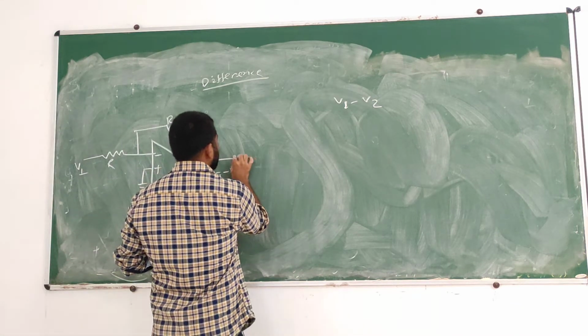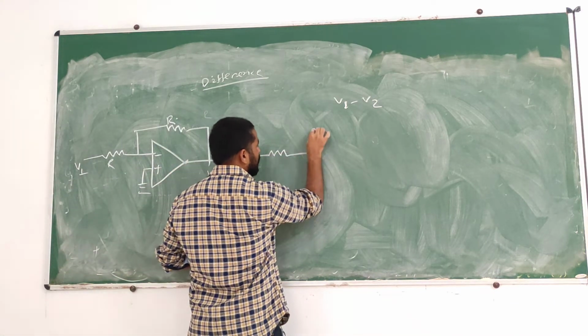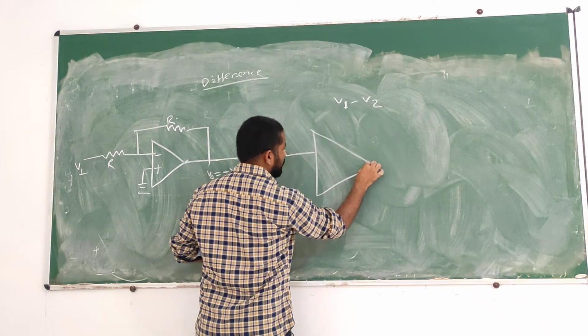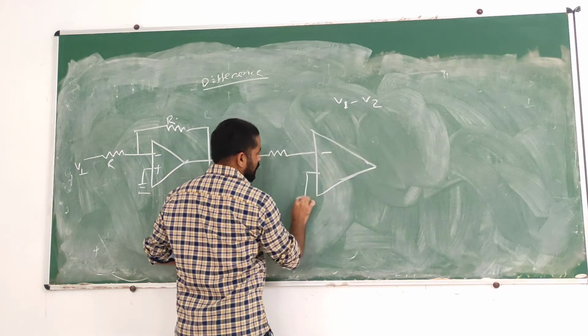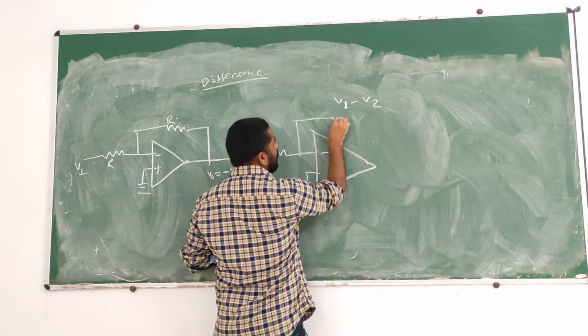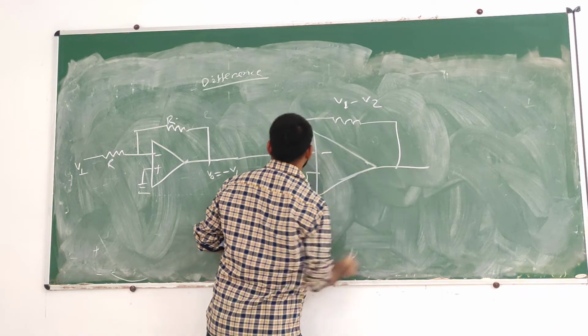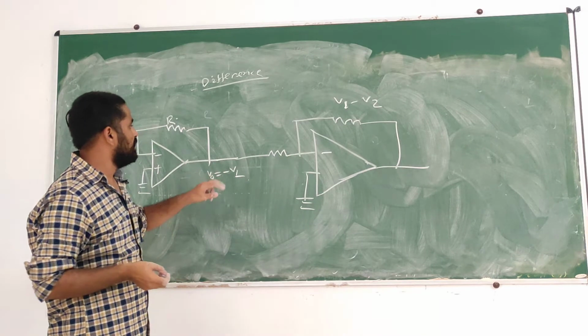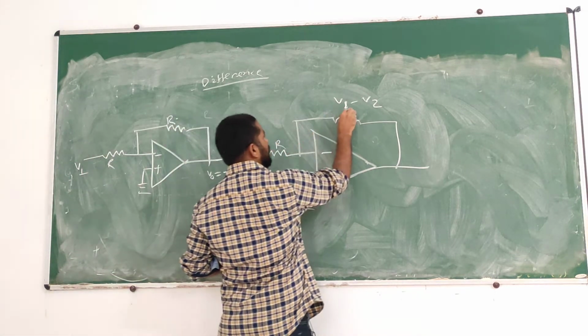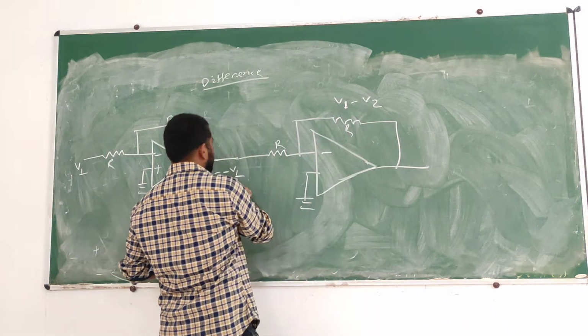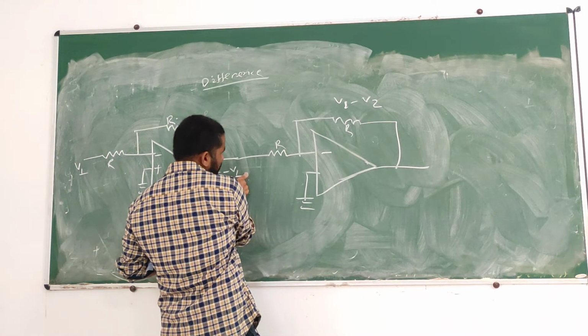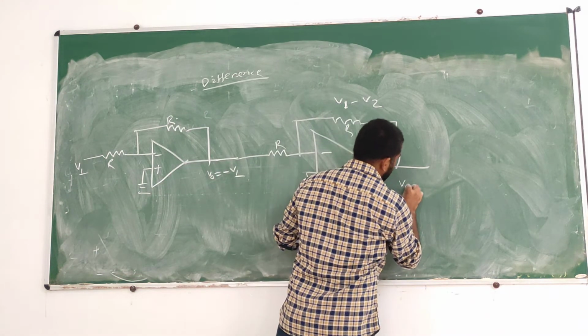Now again what you do? Just put another inverting amplifier with gain R and R only. If you apply minus V1 as input, what do you get as output?